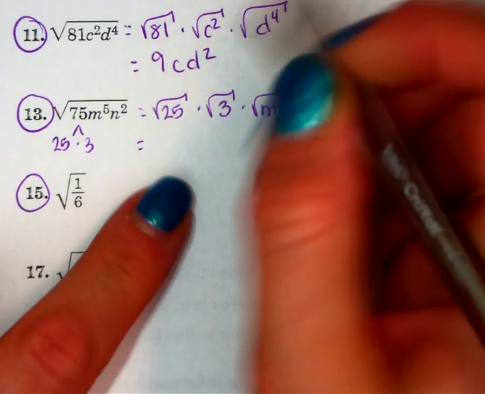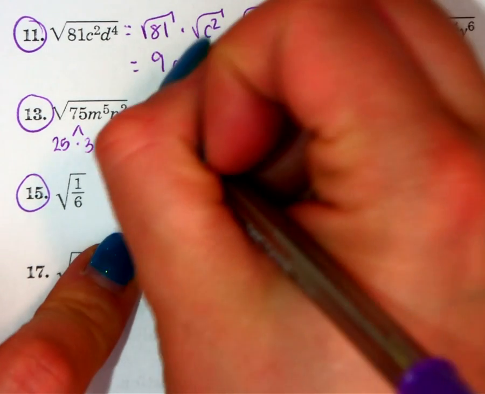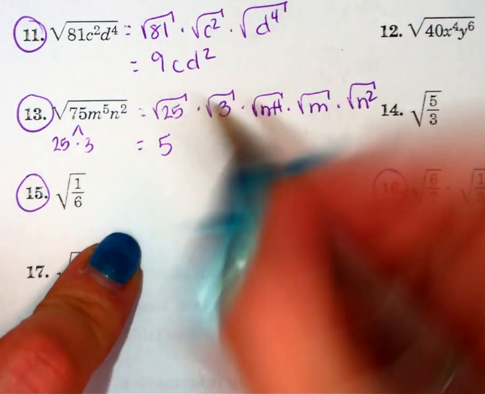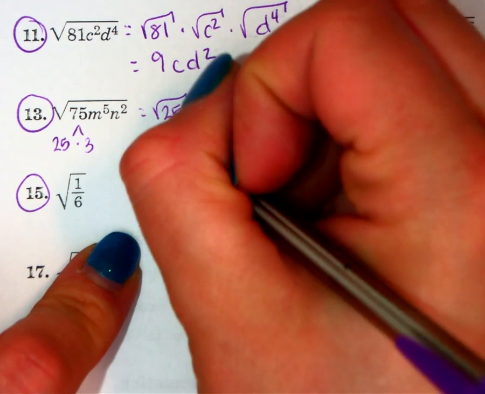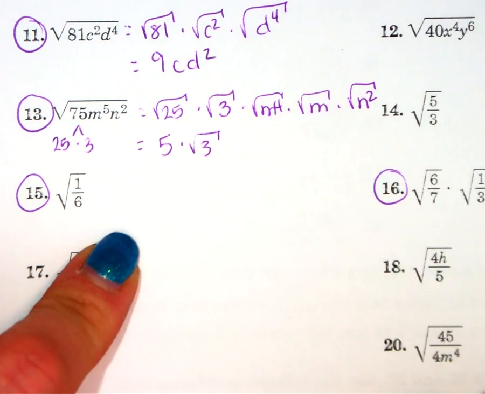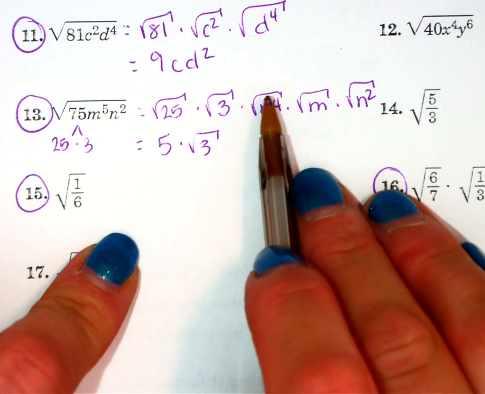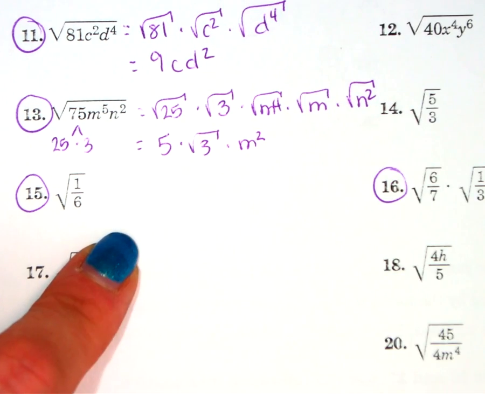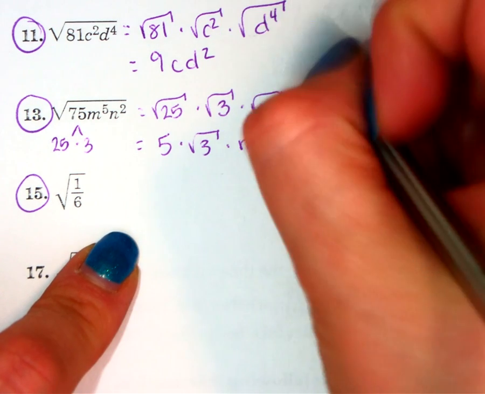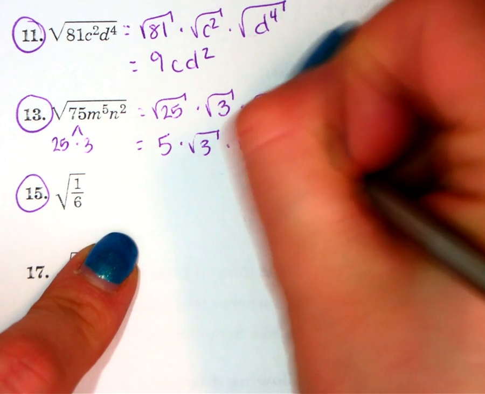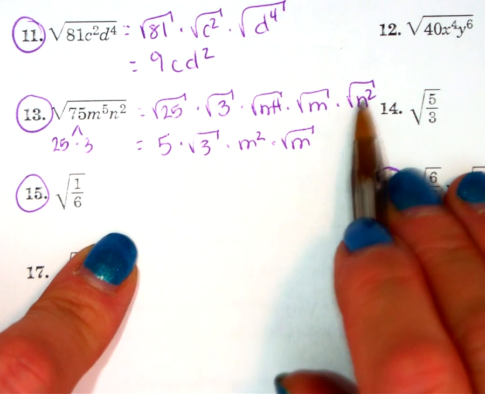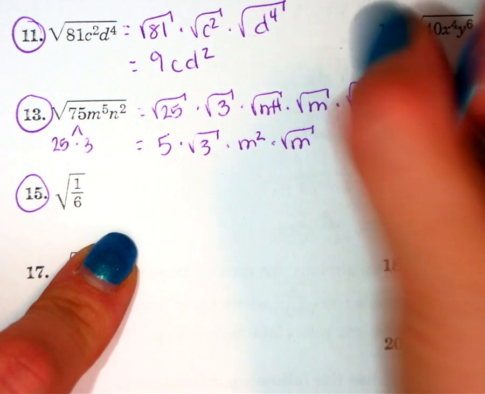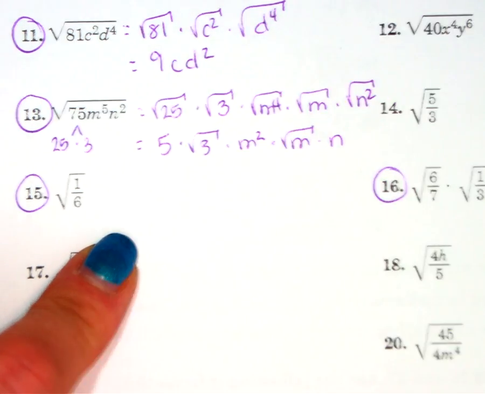Then I can say, okay, square root of 25 is 5. I can't take the square root of 3, so that's going to stay as root 3. The square root of m to the fourth, cut the exponent in half, is m squared. Can't take the square root of m, so it stays under the root. The square root of n squared, cut the exponent in half, is n.